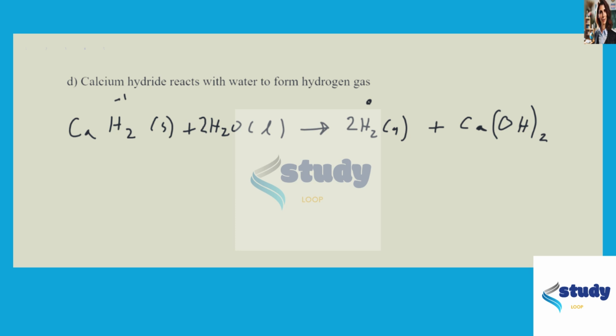And there we have it. There's the balanced reaction for this one. Because we have 1 calcium on the left, 1 on the right, 6 hydrogens on the left, 6 on the right, 2 oxygens on the left, and 2 on the right. So that's our balanced reaction for this one.